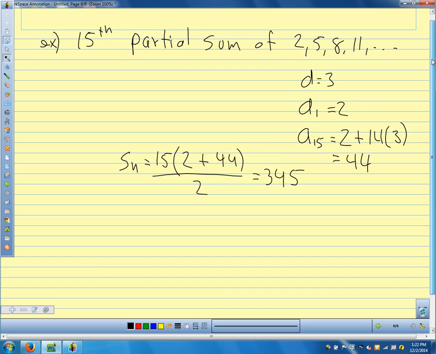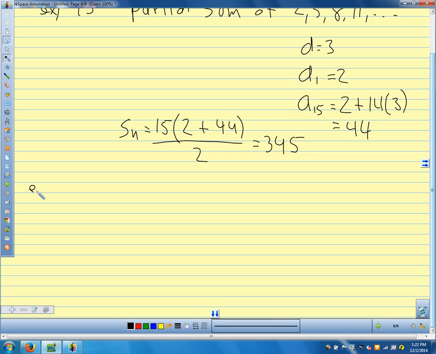All right, this last one I don't want to work all the way through. I just want to talk a little bit about how we'd set it up. So let's say we have an auditorium, and there are 2 more seats in each row than the previous row.